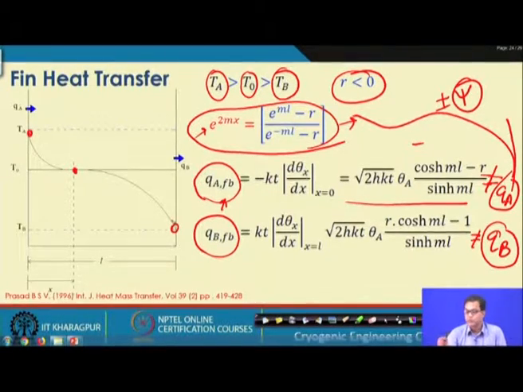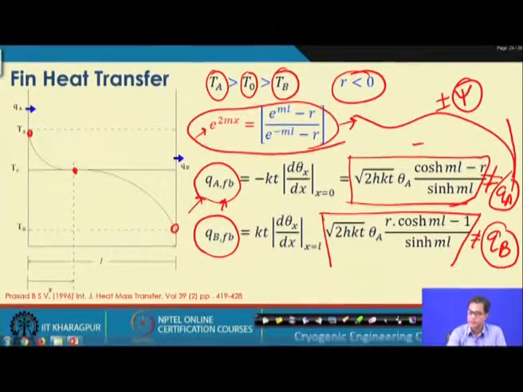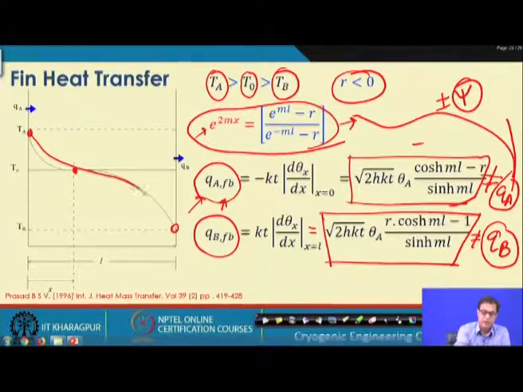So for that we find that if we take this Q A fin base expression, it is always taking care of that heat transfer, and that is taking care of the transverse conduction from one fin to the other fin without bypassing the fluid, or we call it bypass heat transfer.